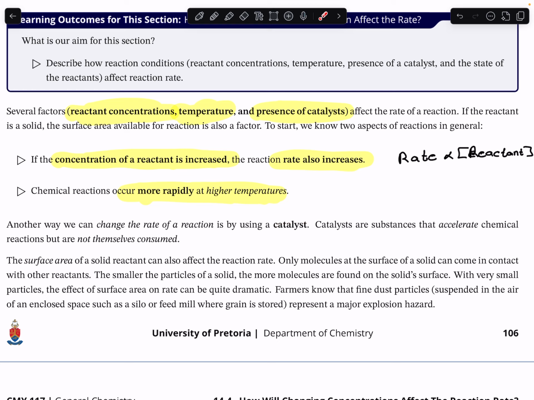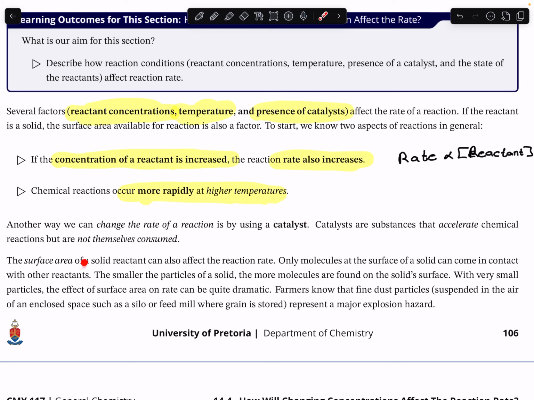And you've noticed I've mentioned the energy quite a number of times. So if you lower the energy required for a reaction to take place, that's what the catalyst does. The catalyst says, you know what, you don't actually need this much energy for the reaction to take place. You need, let's say, 75% of that. Then on average, more molecules will have enough energy for the reaction to take place, and hence you increase the rate of that reaction. All right, and that's how a catalyst increases the rate of our reaction.